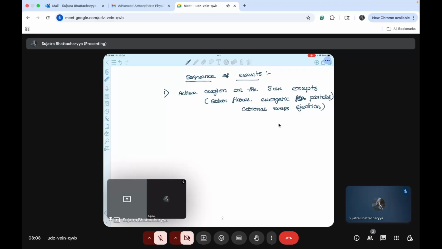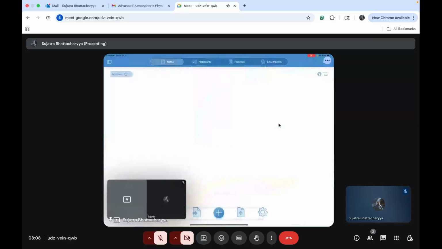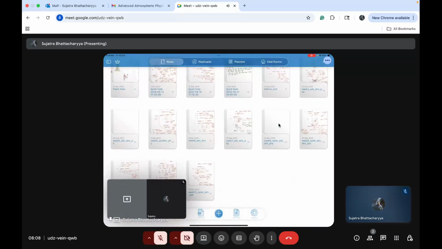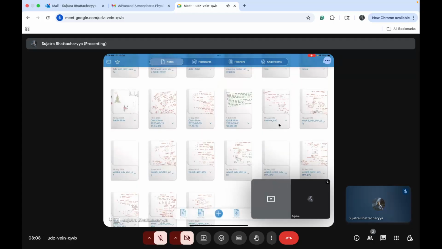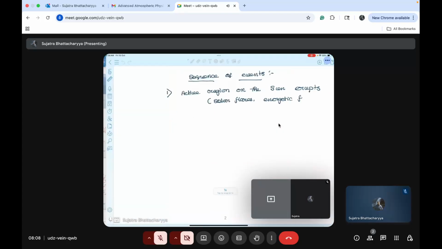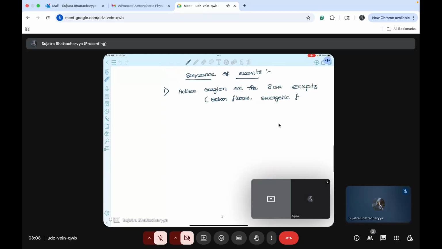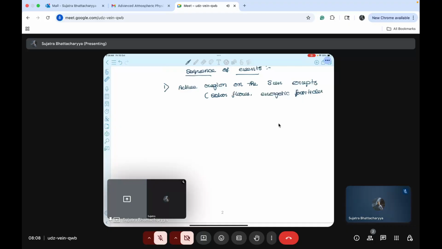Okay, so these are the couple of things: energetic particles and the coronal mass.